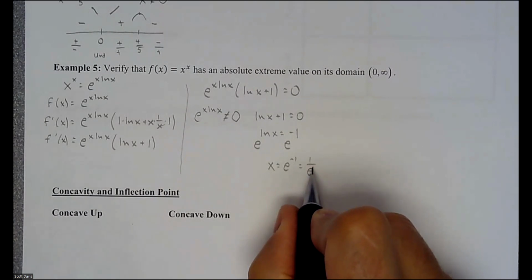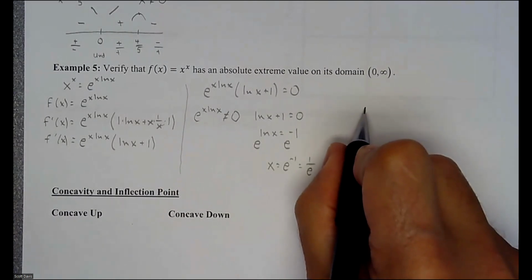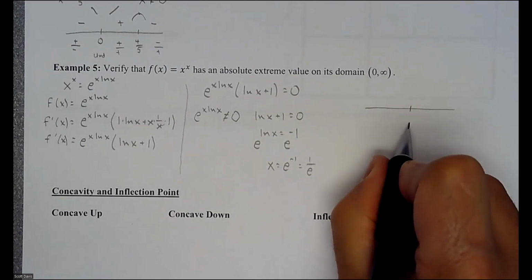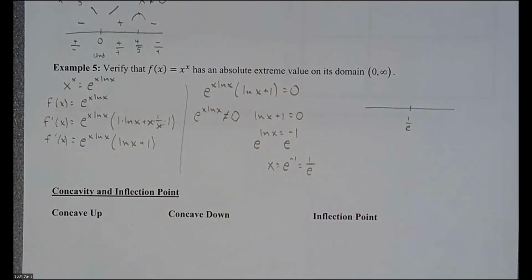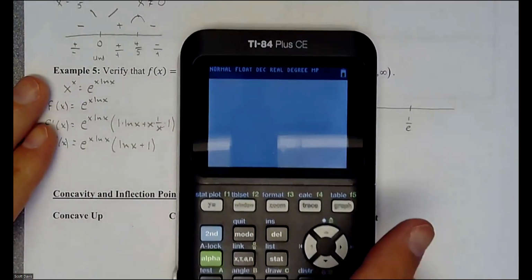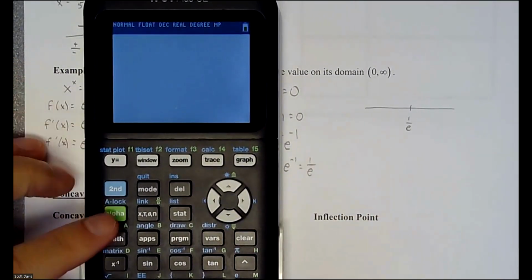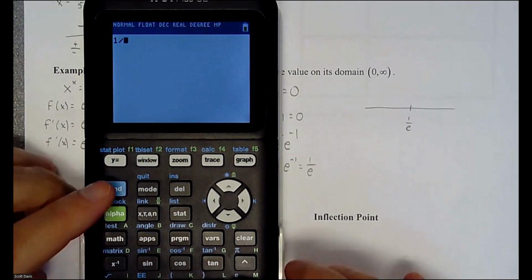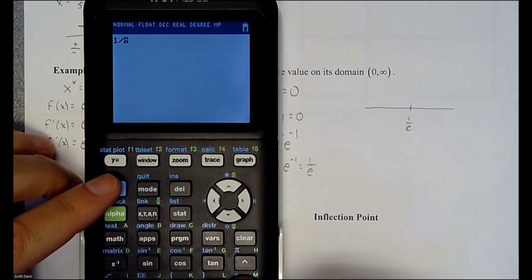All right, so we're looking at what is the absolute extrema, which means here's our critical point. So that has a slope of 0. And so if we do ourselves a number line on this, we have 1 over e. 1 over e is some decimal. All right, so 1 over e is 1 divided by e.